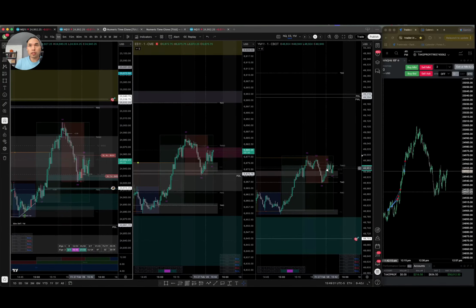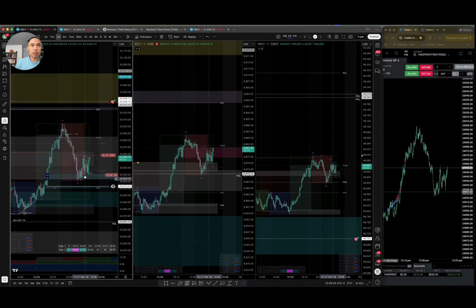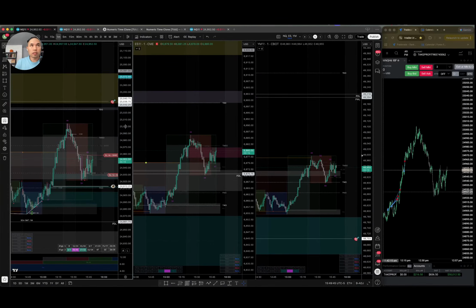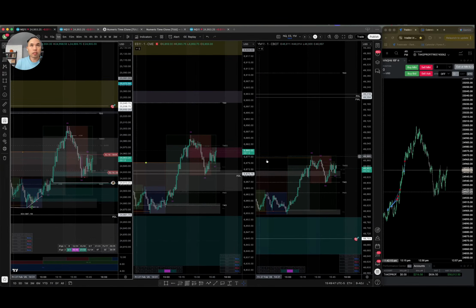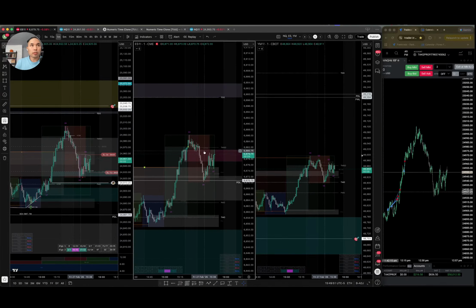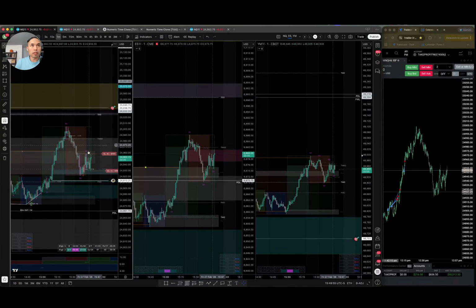If YM takes this, shoots up here. No, this candle's still holding. See here. Okay, if this flips on ES, then I'll go, and I'm not going to go long.